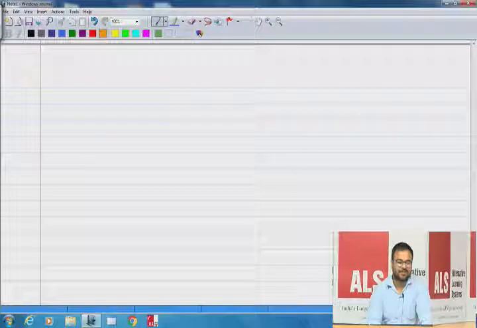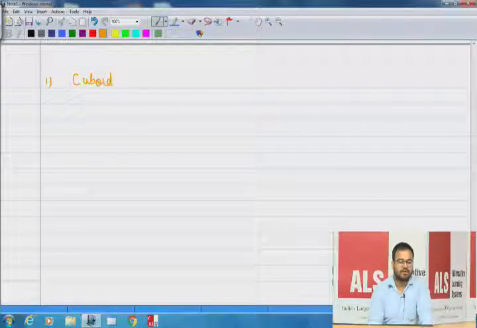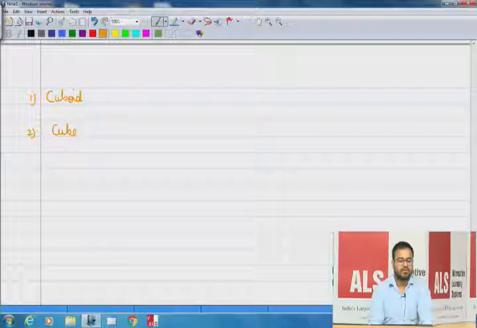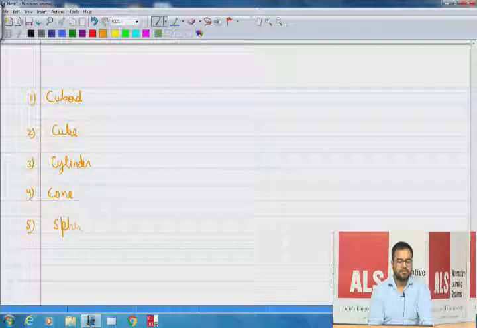Okay, so let us start with the formulas. Note down the first heading, that is cuboid, or make a table like this. We can write over here: first is cuboid, cube, cylinder, cone, sphere, and hemisphere.